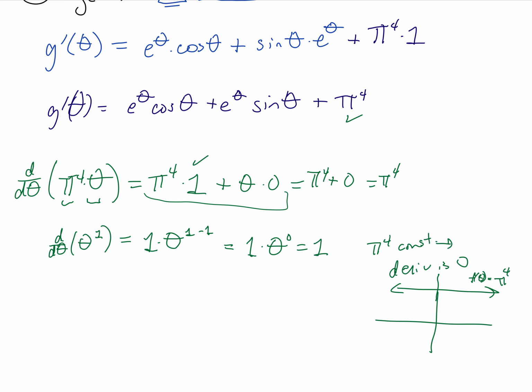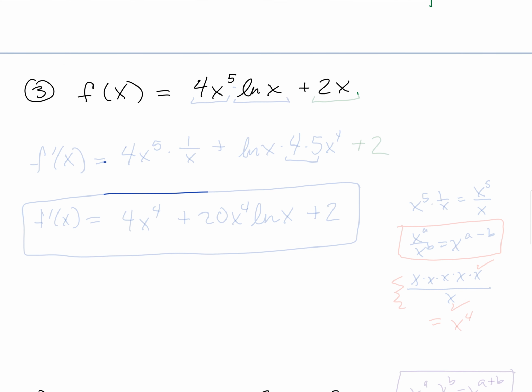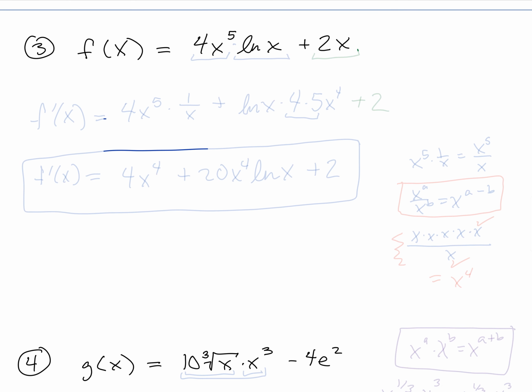Okay, let's look at the derivative of f of x is equal to 4x to the fifth times natural log of x plus 2x. So f prime of x, we're going to use the product rule on this first piece. Here is our first, here is our second.